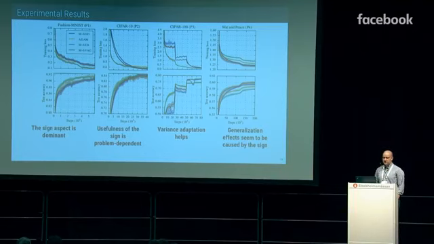Okay, the third observation is that variance adaptation helps. In all experiments, Adam is as good as or better than sign descent, and SVHE is as good as or better than SGD.